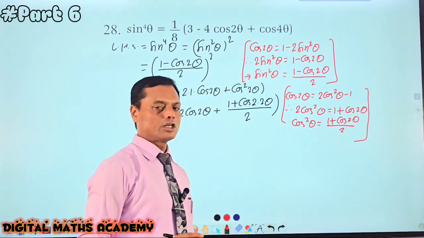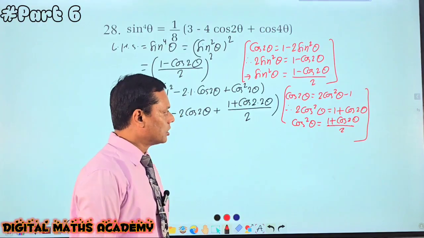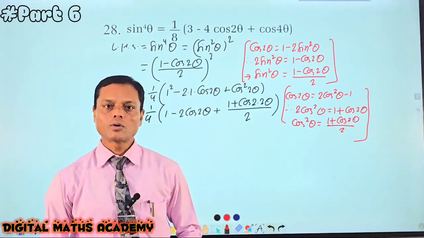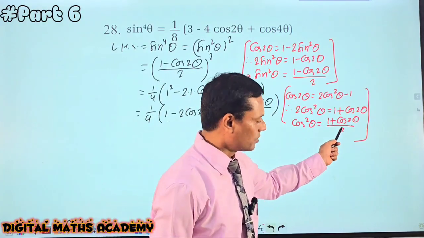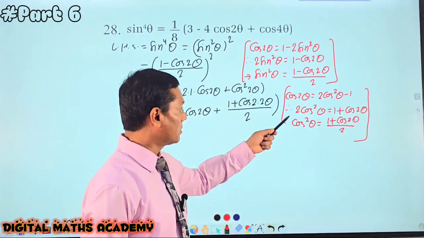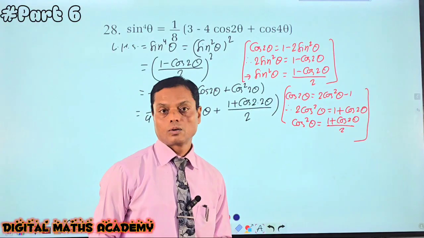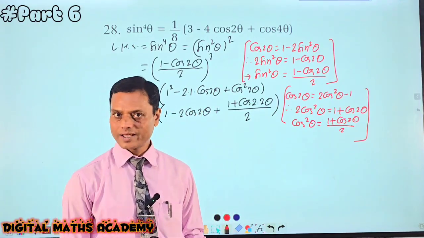I have already told you many times in the previous videos, if you are going to remove a square, then the angle becomes double. If there is a cos square, then there will be 1 plus cos double of the angle. But if you have sin square, we have 1 minus cos double of the angle.